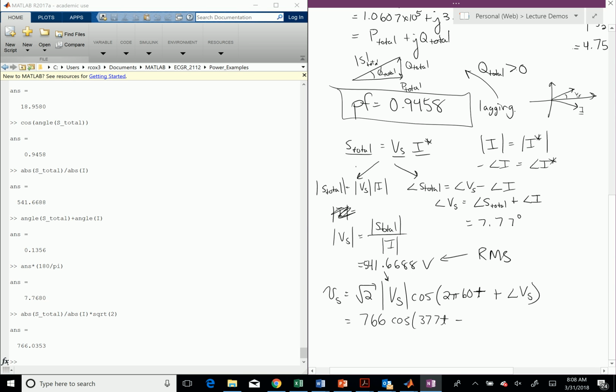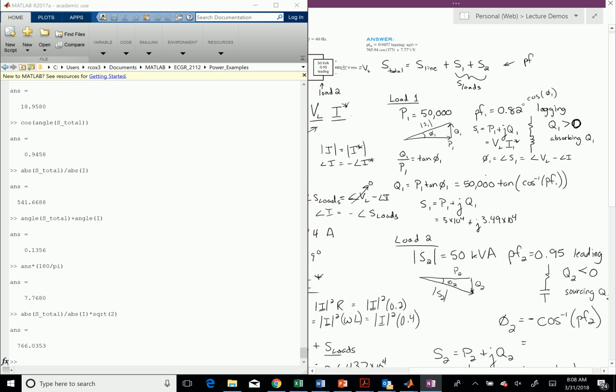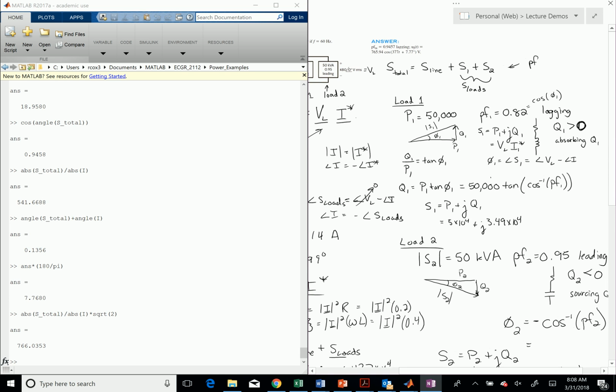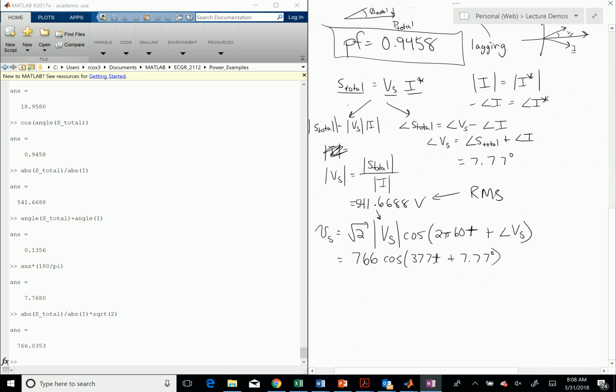The angle of Vs is 7.77 degrees. So let's compare that to the original answer. 765.94, 7.77 degrees, and boom, I see that's exactly what I got.